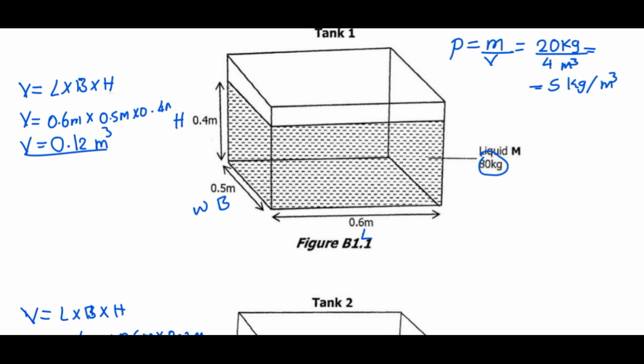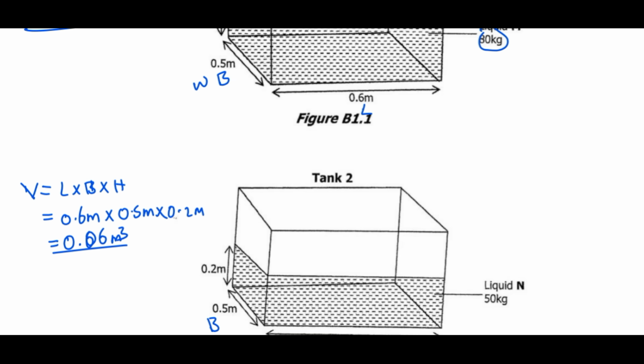So this means that per 1 cubic meter there is a mass of 5 kg. So that was the question. Whenever you are trying to find the mass per given volume, just know that it's density that you are calculating indirectly. So let's go back.